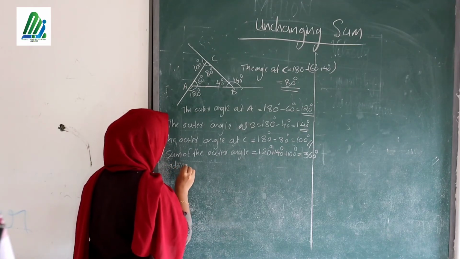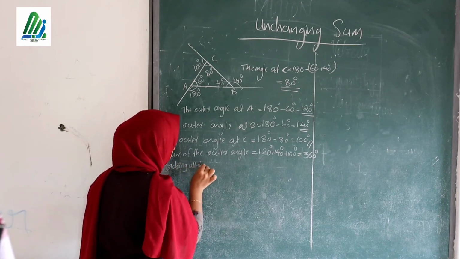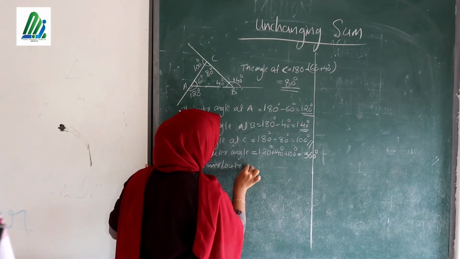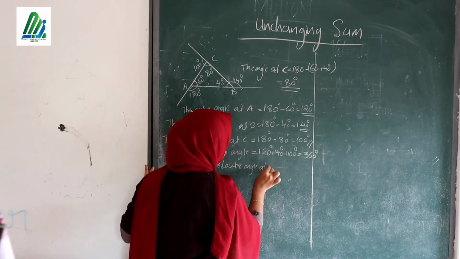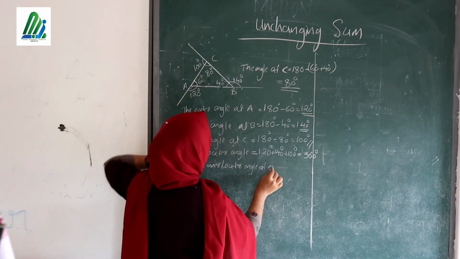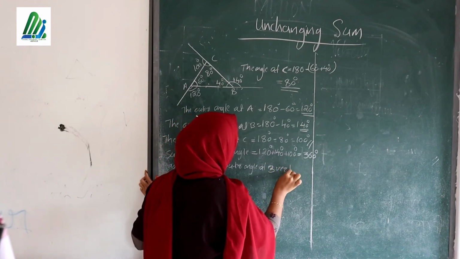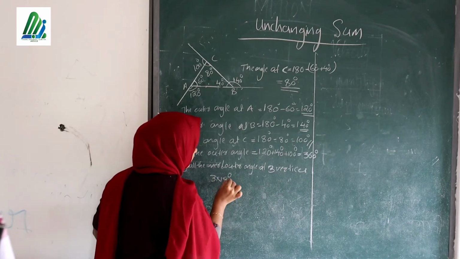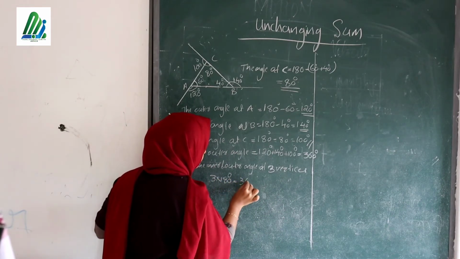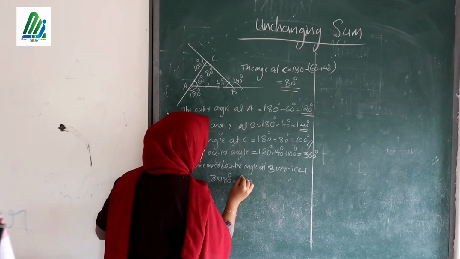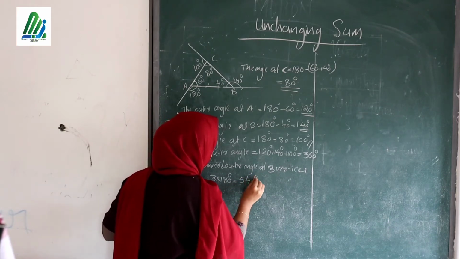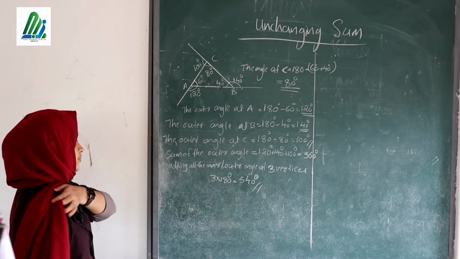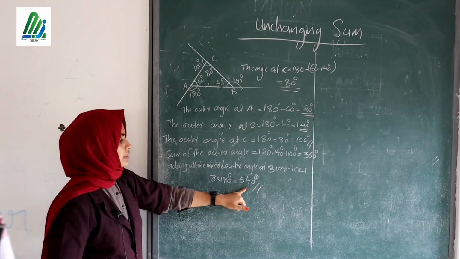So adding all the inner and outer angles at each vertex, here at 3 vertices, we get 3 into 180 degrees, which is 540 degrees.